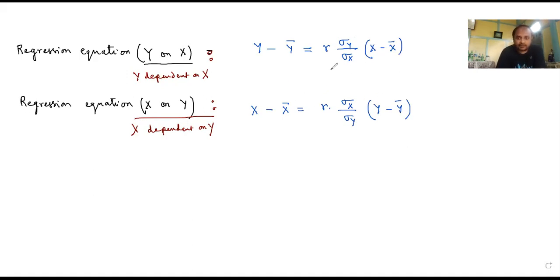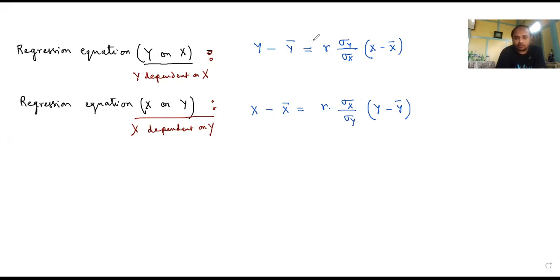Now, while writing the regression equation y on x, we have kept y terms on the left hand side and x terms on the right hand side, and sigma y on the top of sigma x. And while writing x on y, we have kept x terms on the left hand side, y terms on the right hand side, and the standard deviation of x on the top of the standard deviation of y.